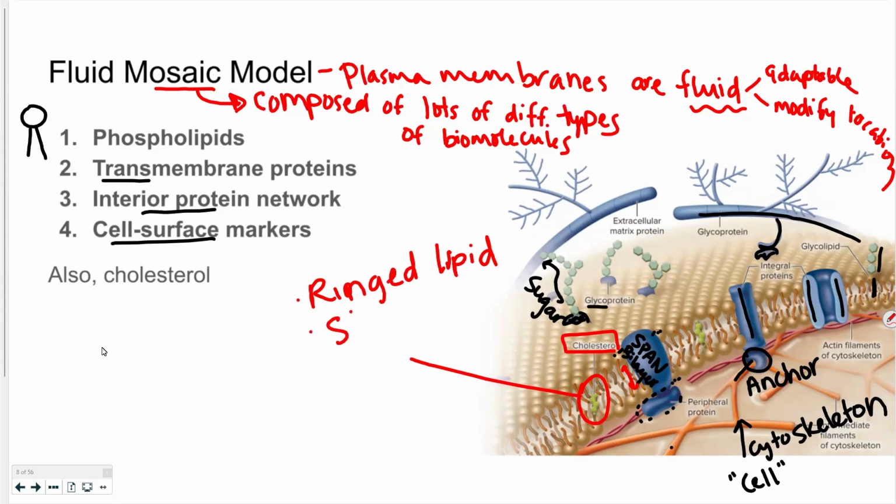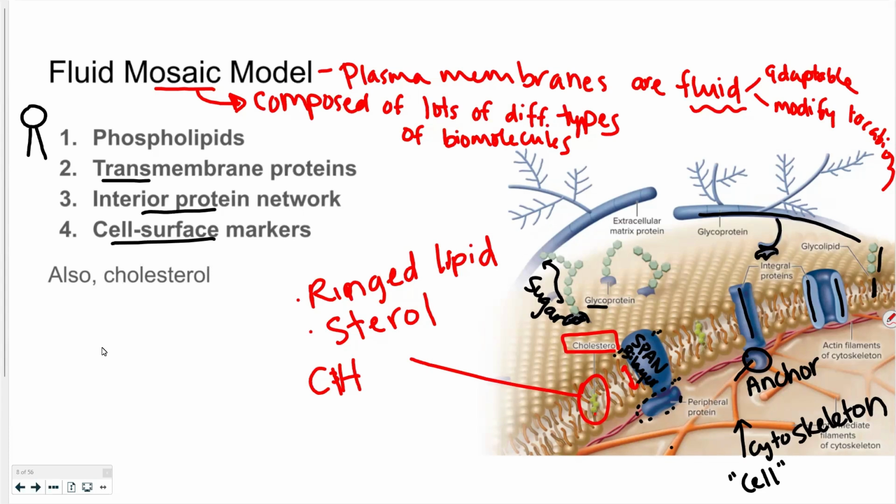It's a type of sterol. It's composed of carbon and hydrogens. And we'll talk a little bit about what cholesterol does, but it's an important component of plasma membranes.